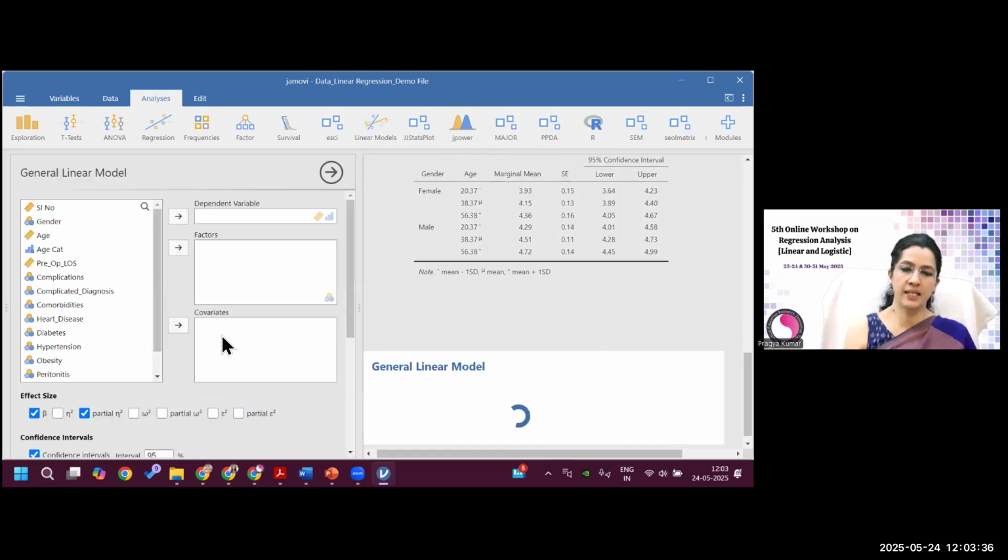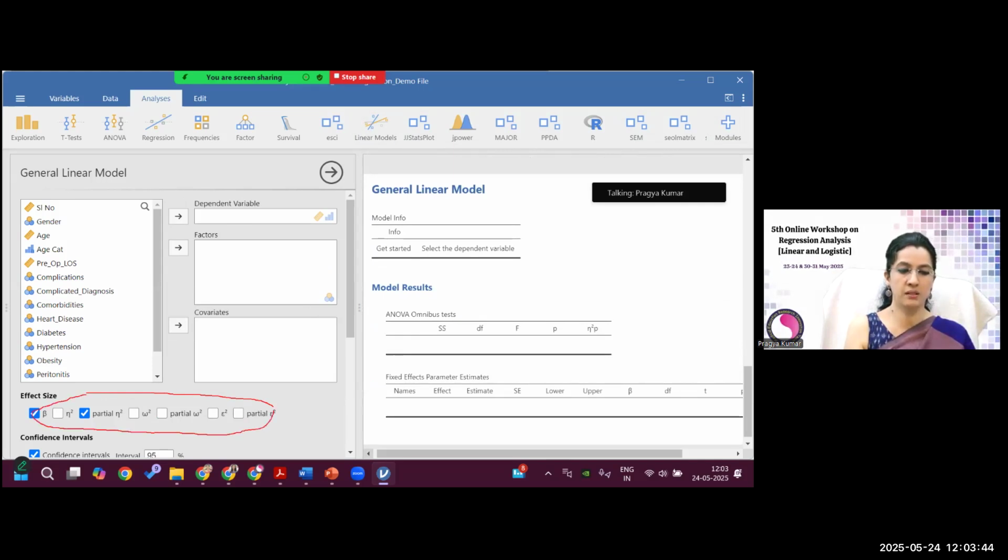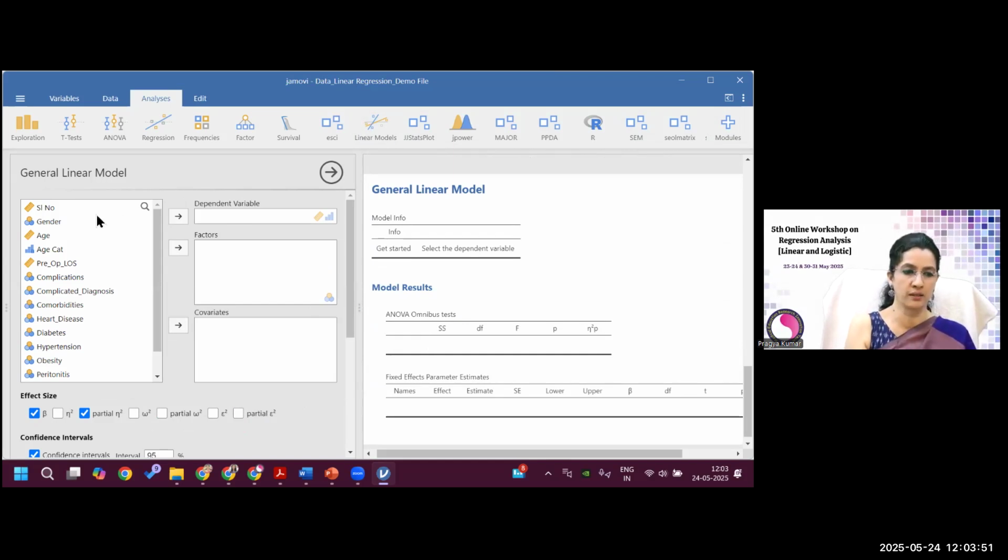And here again, the interface is very much the same, except that you will get effect size here. Can you see beta, partial eta square, and all these effect sizes here? So those of you who wish to perform this, otherwise that is also okay.